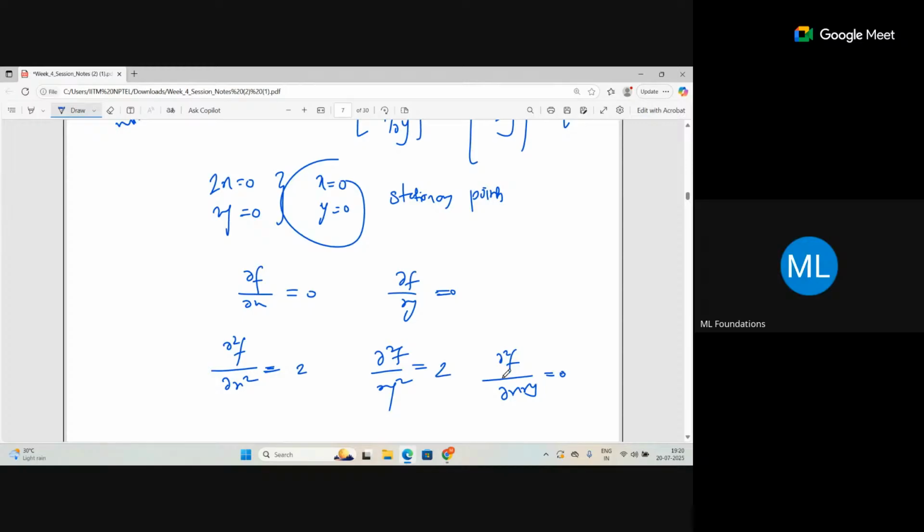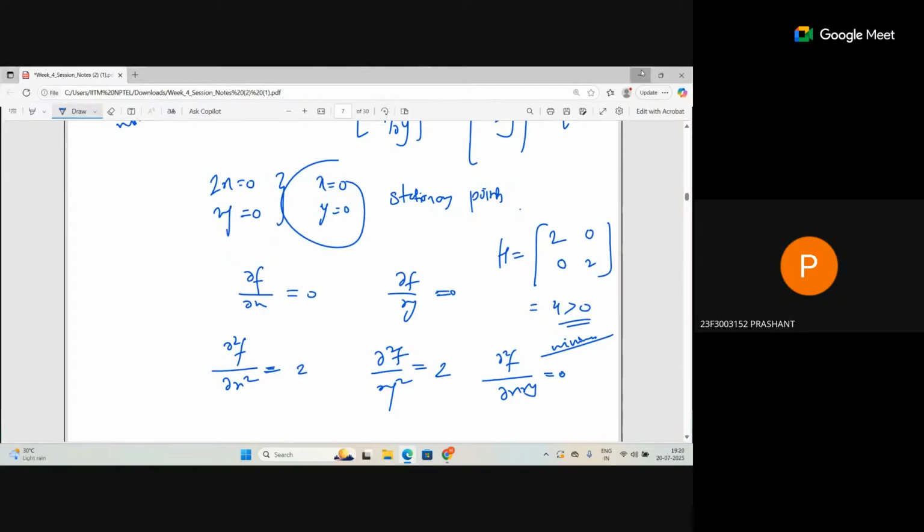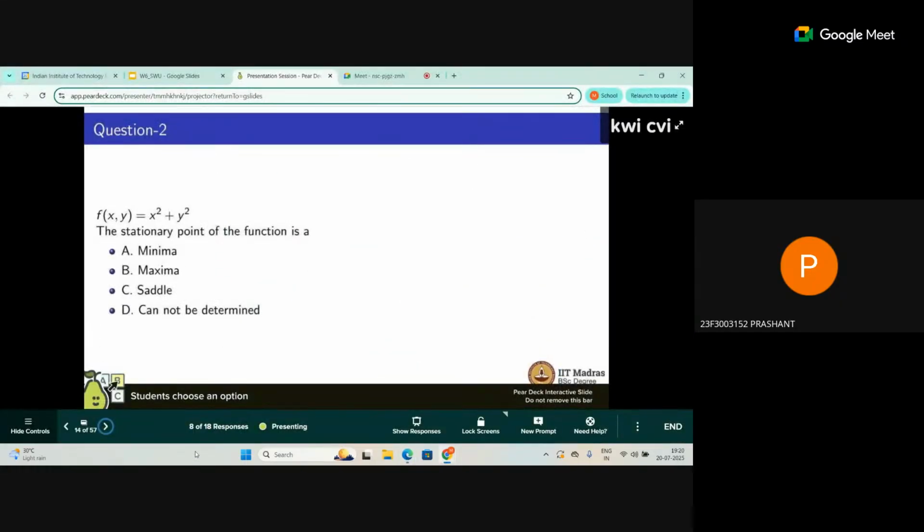So if this is zero and this is two, what will be the condition? As per Hessian, the matrix determinant will be greater than zero. It is four. It is greater than zero, so it is minima.